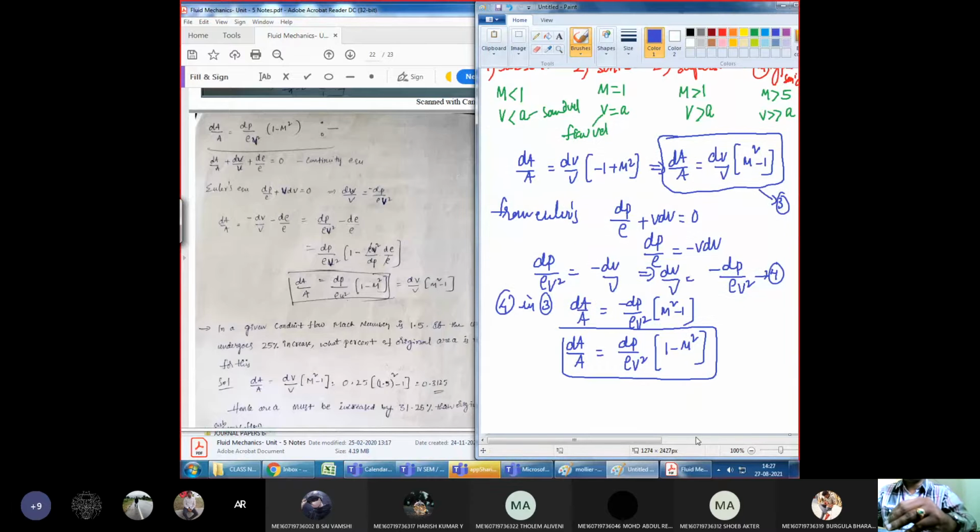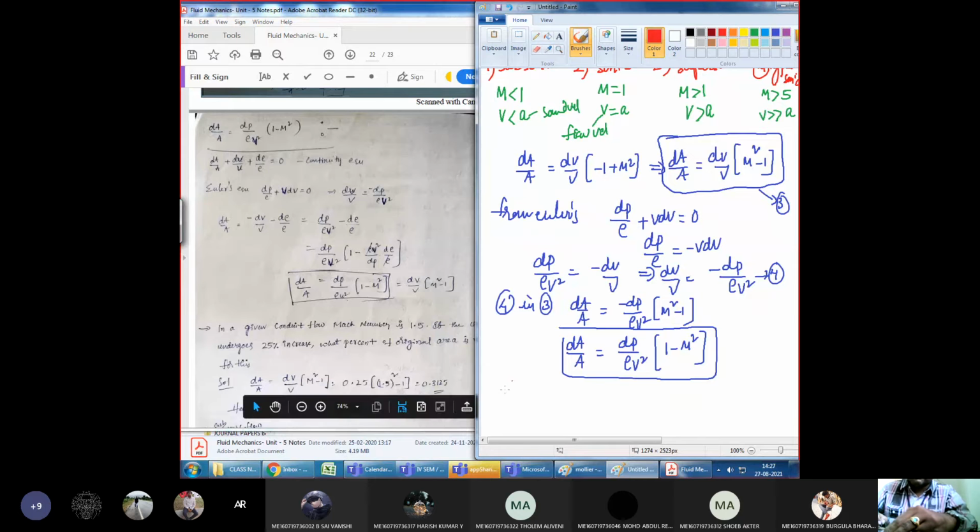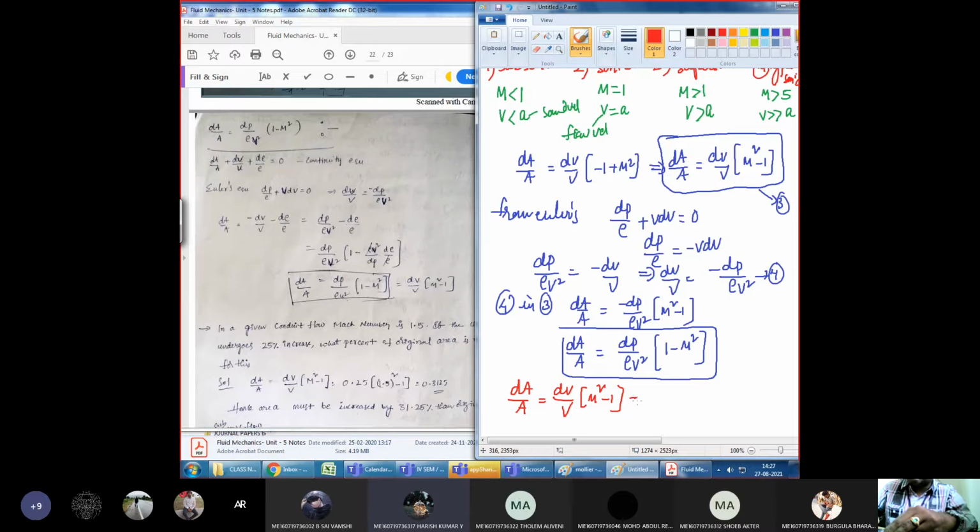Now combining, finally we can write dA by A is equal to dV by V into M square minus 1. This is also equivalent to dP by rho V square into 1 minus M square.